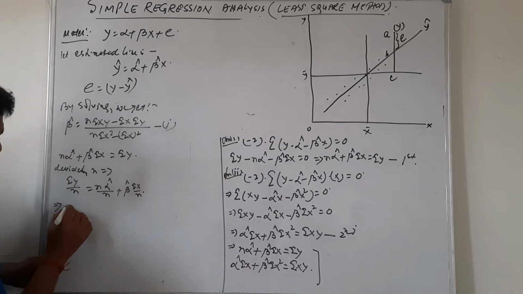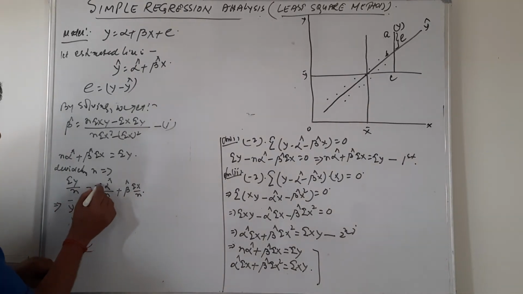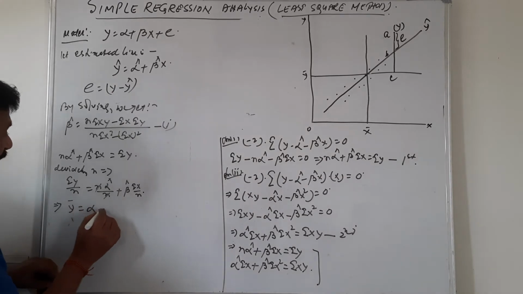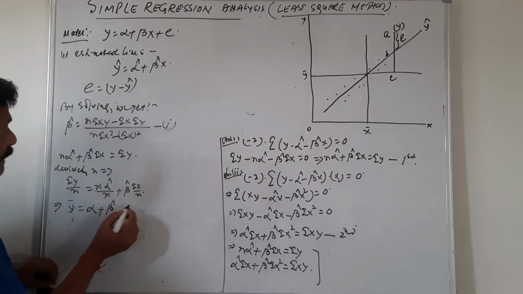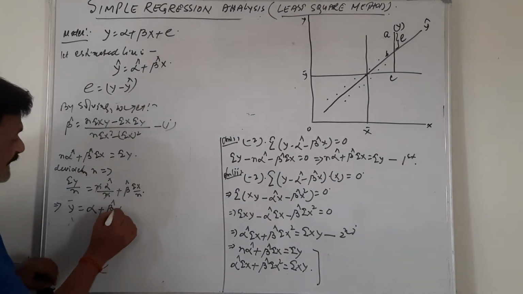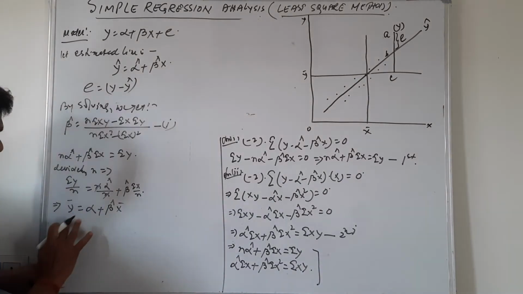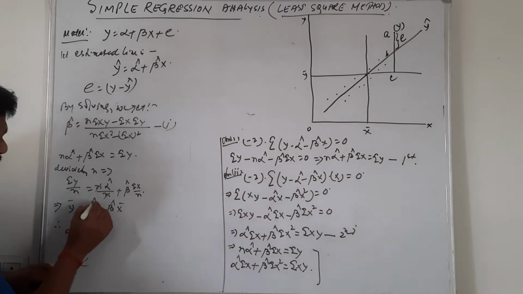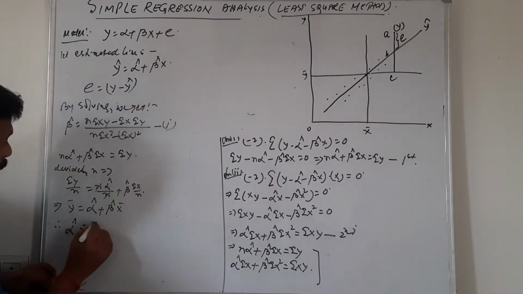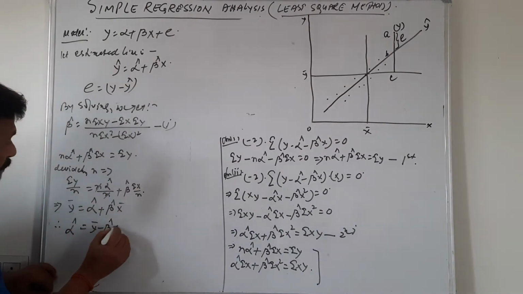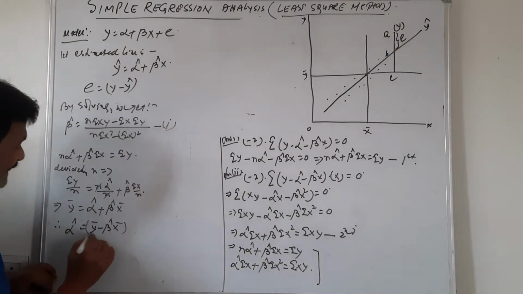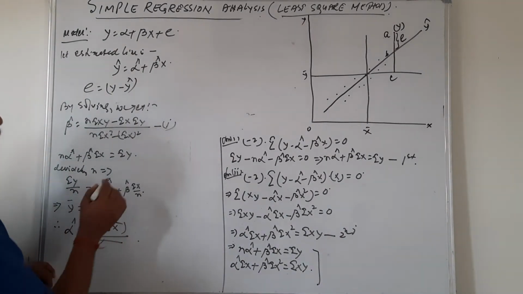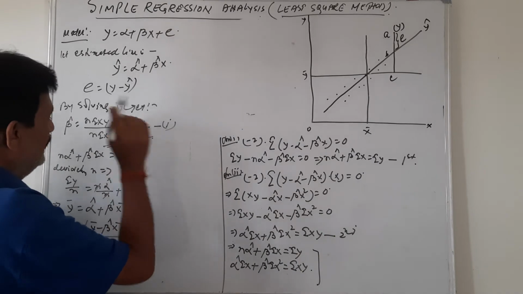Now summation y by n is y bar, n cancelled, alpha cap plus beta cap, and once again summation x by n is x bar. We have to find the value of alpha, so alpha cap is y bar minus beta cap x bar. So this is the value of alpha and this is the value of beta.